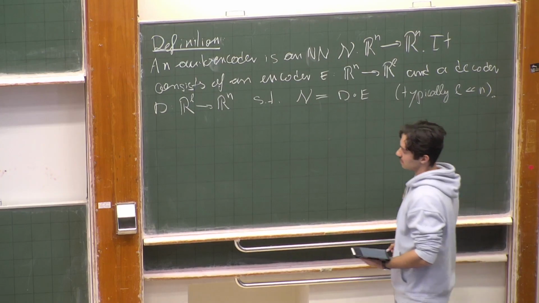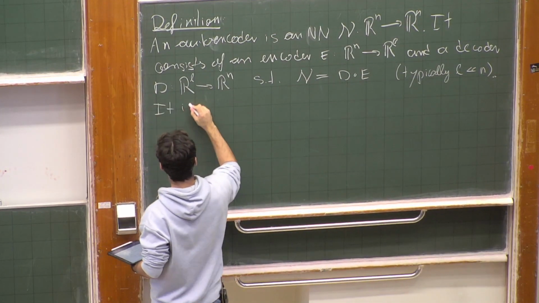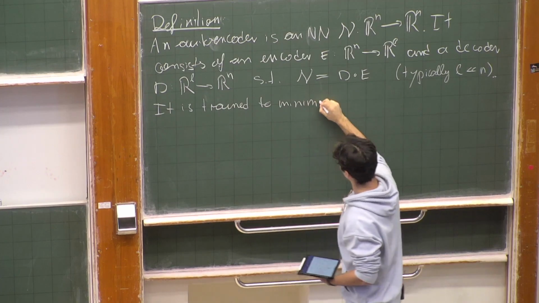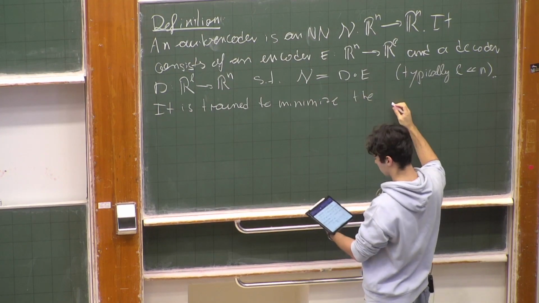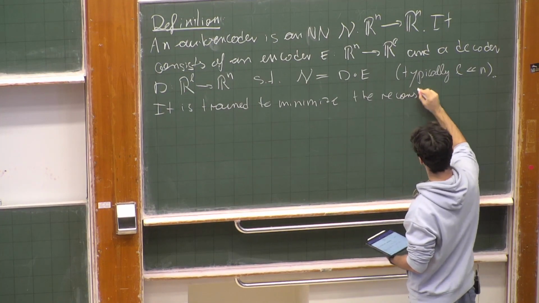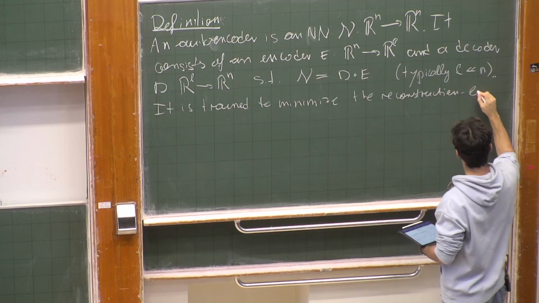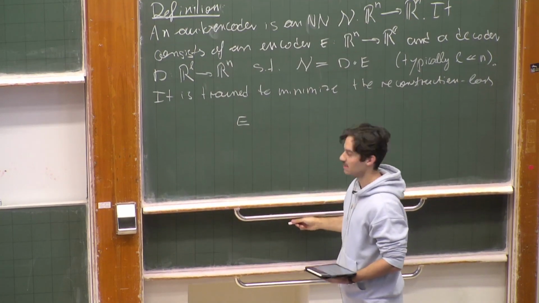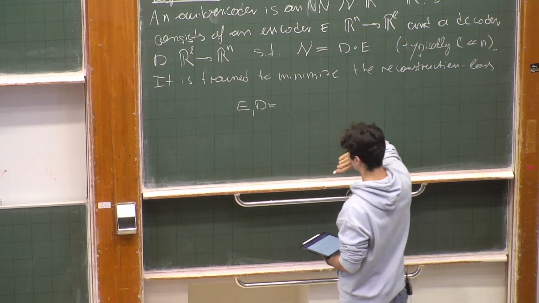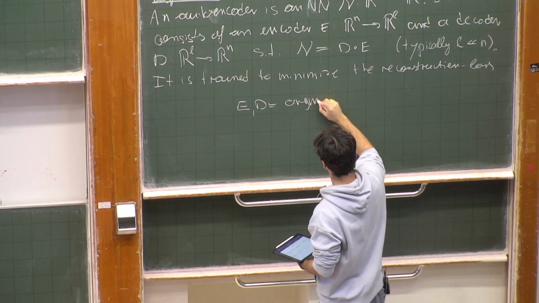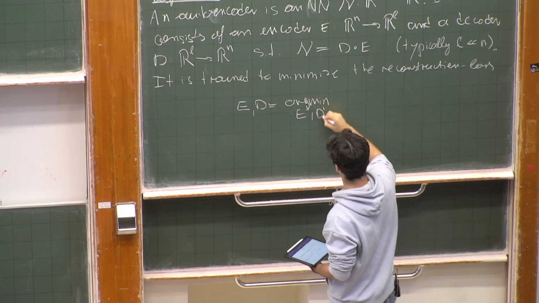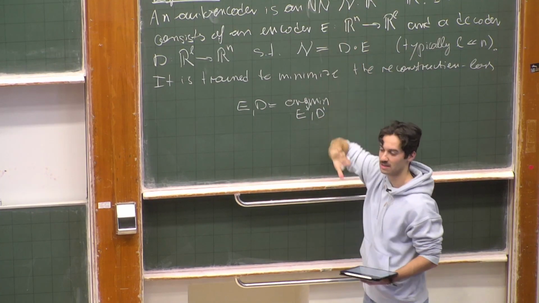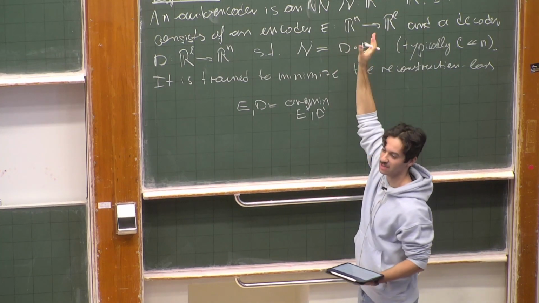Now, the autoencoder is trained to minimize the so-called reconstruction loss, such that E and D are the minimizers over all possible E prime, D prime, which are again encoder-decoder pairs that can be constructed by twisting the weights and biases of the network, right?